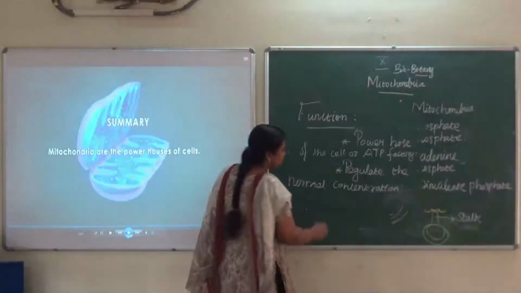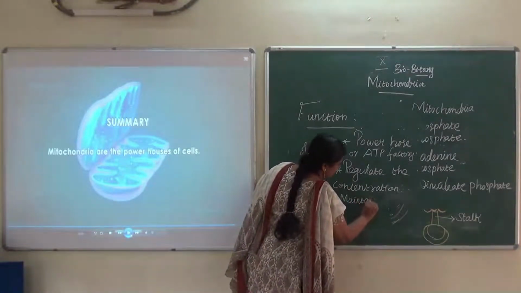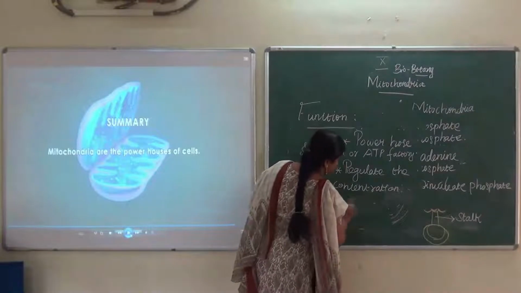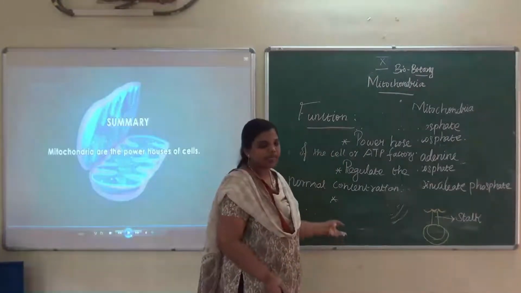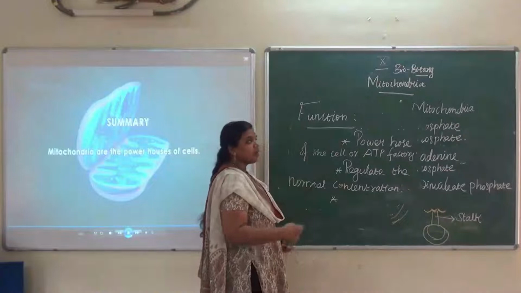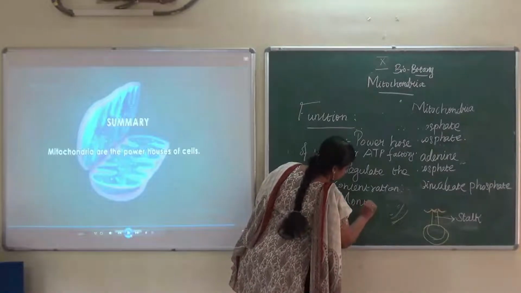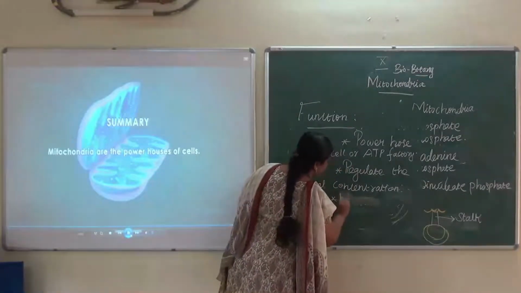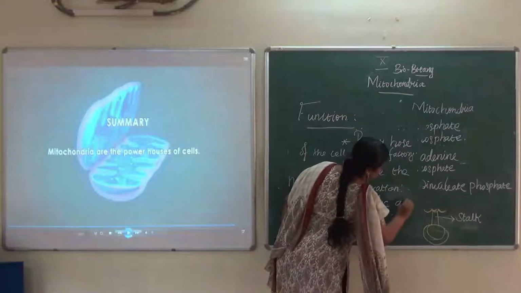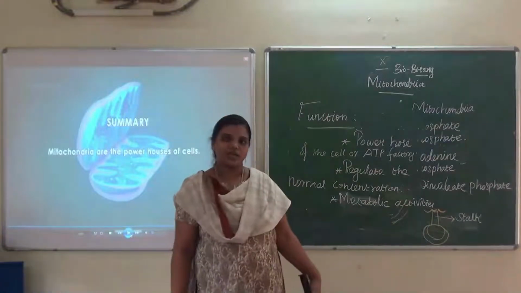And the third one, mitochondria maintain the metabolic activities of the cell.